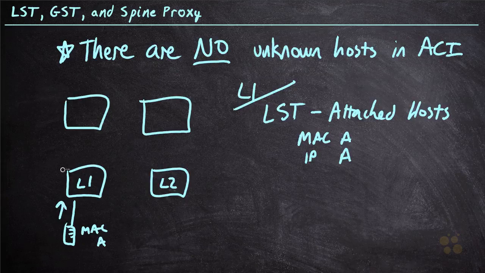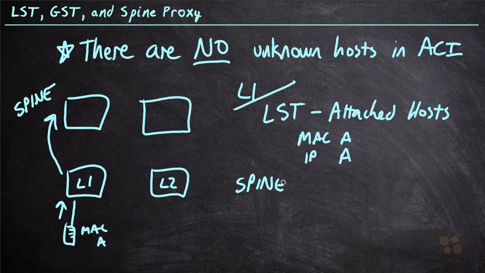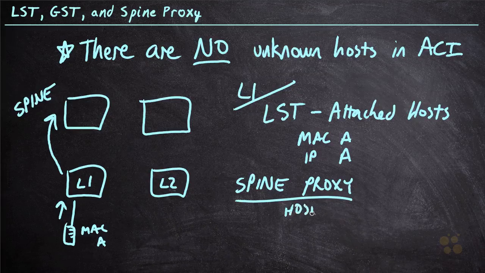So what we do is we report this connection to the spines. And the spines are going to add to their proxy, so the spine proxy is going to contain all of these connections. So we're going to track, okay, so host A lives on leaf 1.